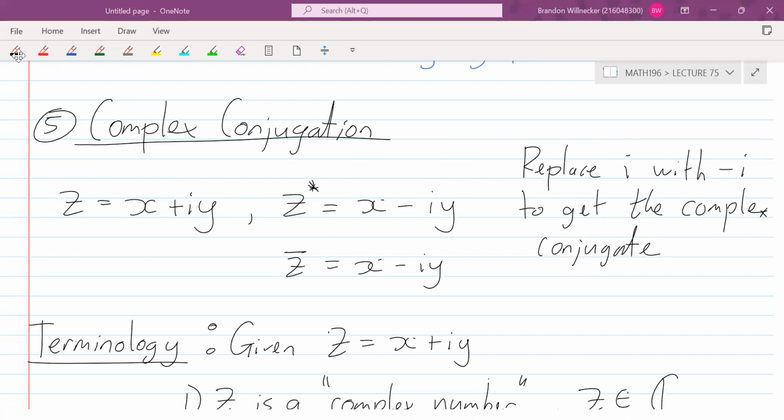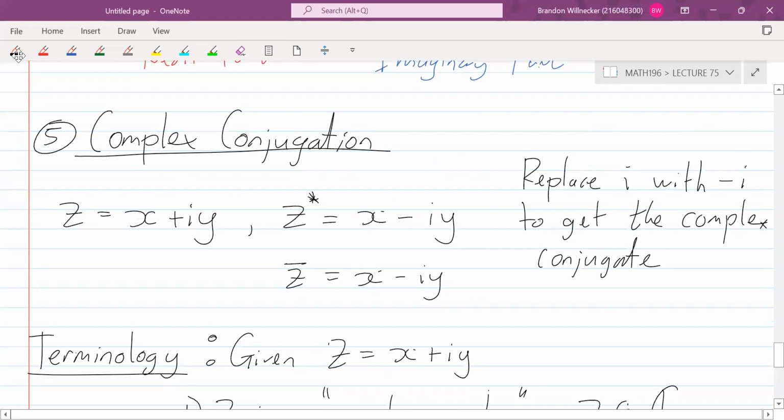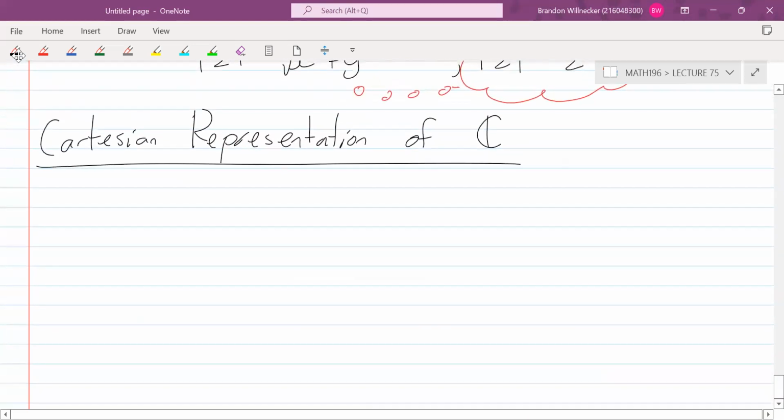Since there are two parts to this number, we sometimes say that complex numbers are two-dimensional because it takes two numbers to construct it, the x and the y. Now, x and y sounds like coordinates. And in fact, we can write this in a coordinate type form.